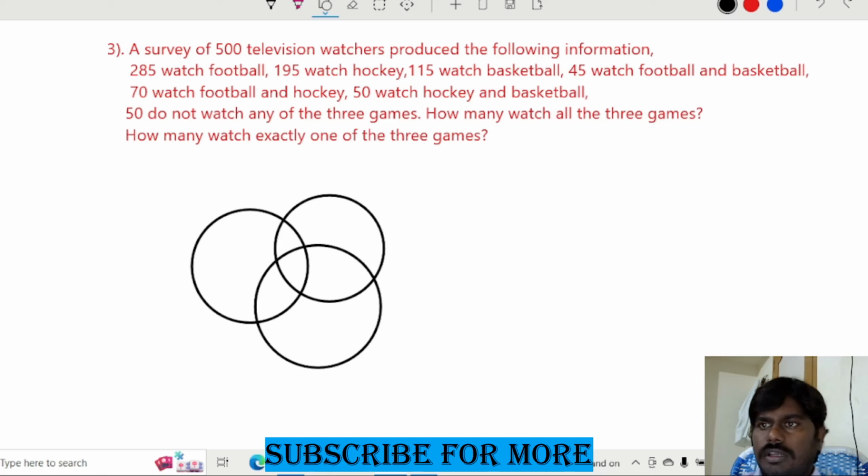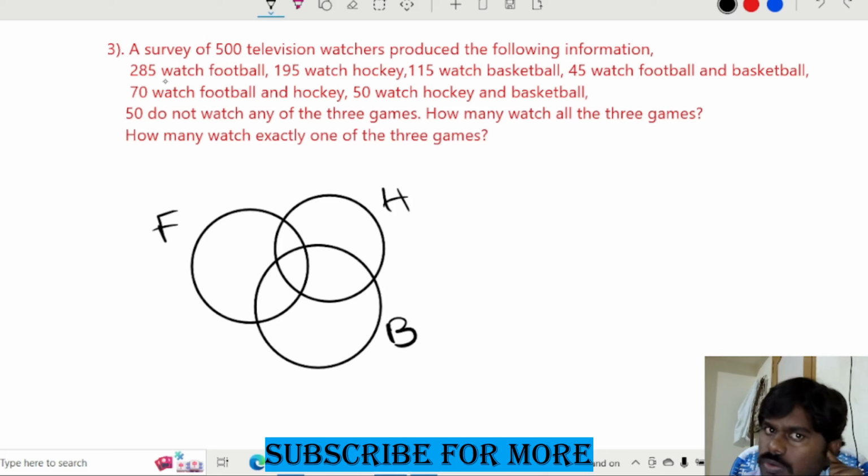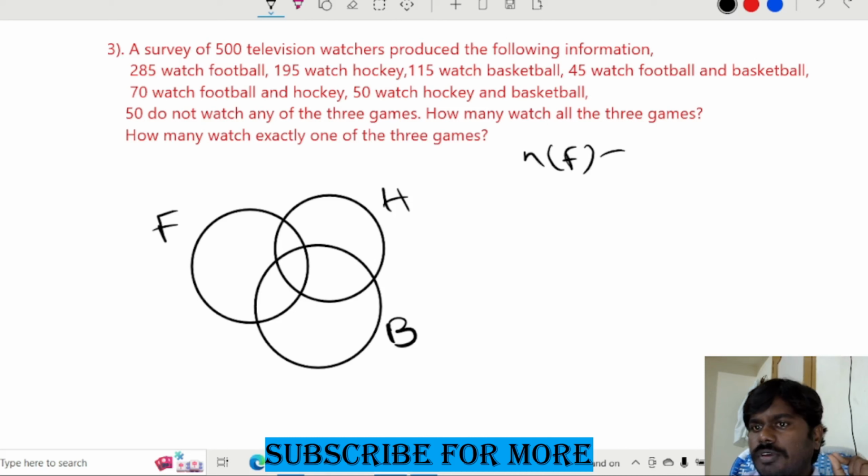So now here I am taking totally 500 people. 285 watch football, so first of all I am taking the first circle to represent football, next hockey, and the next circle to represent basketball. So 285 watch football means n(F) is equal to 285.